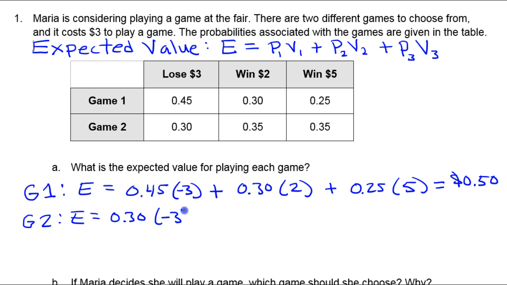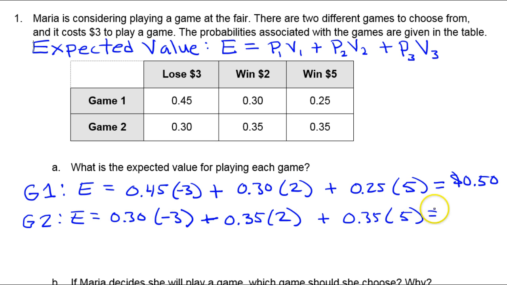So now I'm going to do the same thing for game 2. 30% chance of losing $3. There is a 35% chance of winning $2. And there is a 35% chance of winning $5.